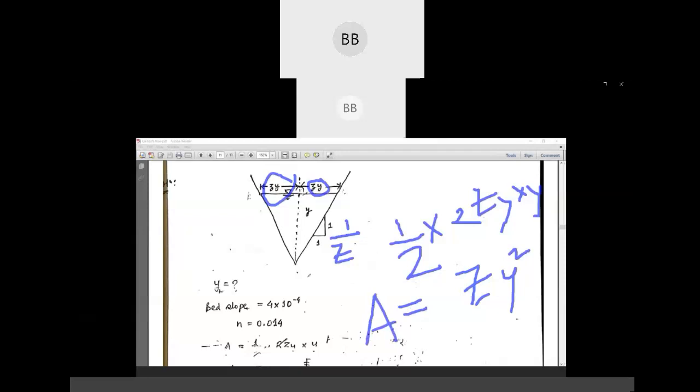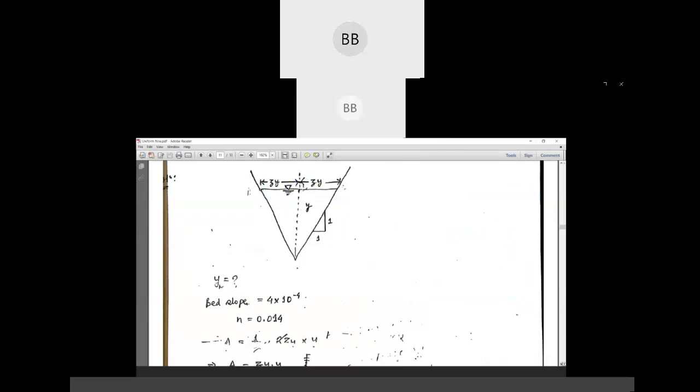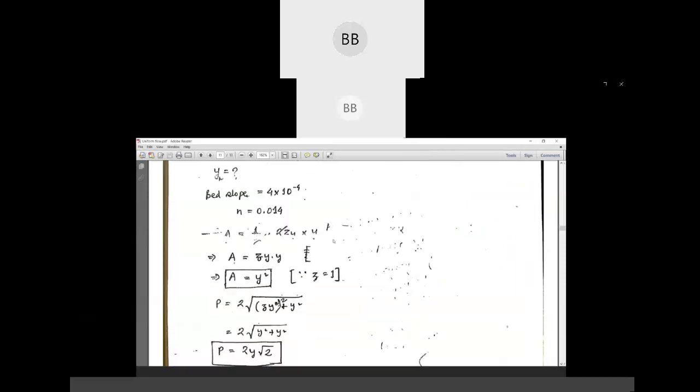Area will be zy square, and you see our z is equal to 1 in this problem. So we substitute z equal to 1 and we will get area equal to y square, since z is equal to 1 for the given numerical.